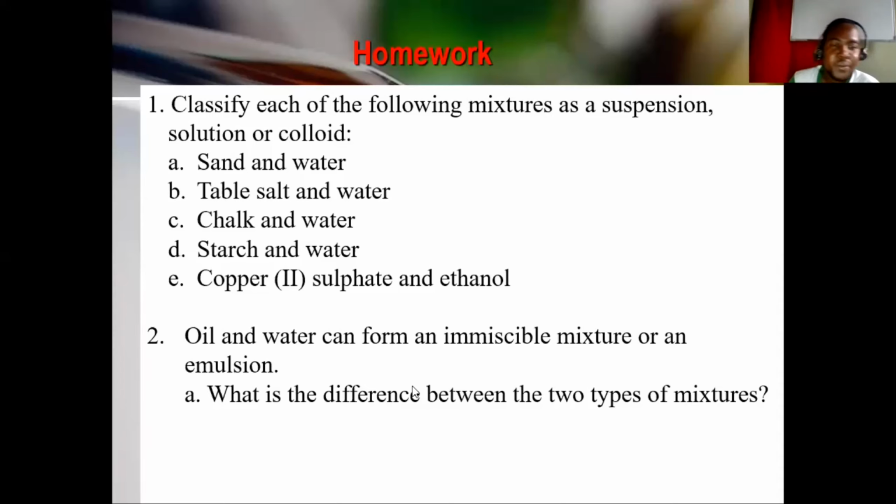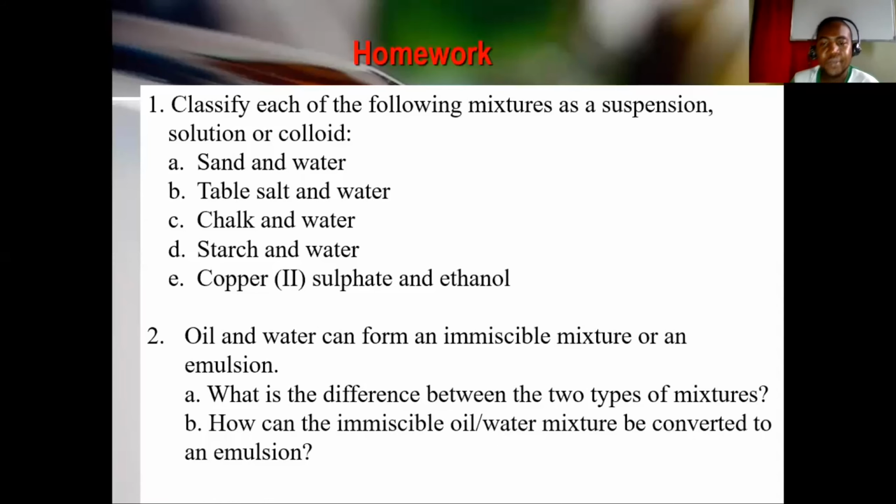All right, how can the immiscible oil and water mixture be converted to an emulsion? Mixing it really fast. If we mix it fast, that makes sense, the particles are in between. So yes, that can work.